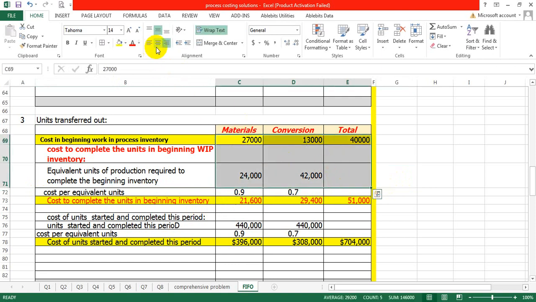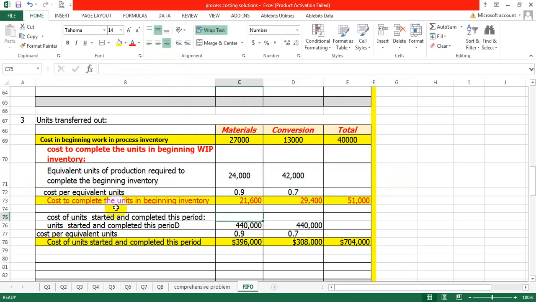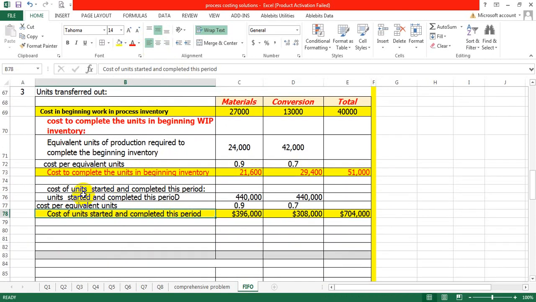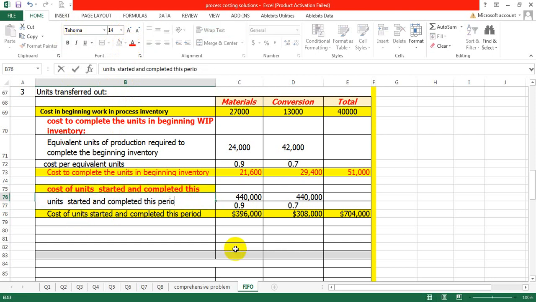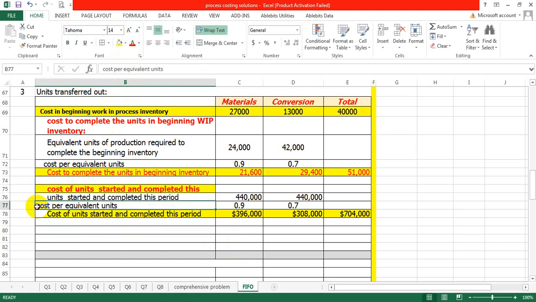Now the cost of units started and completed this period: we take the units started and completed first, then multiply with the cost per equivalent unit, and we got 7,04,000.